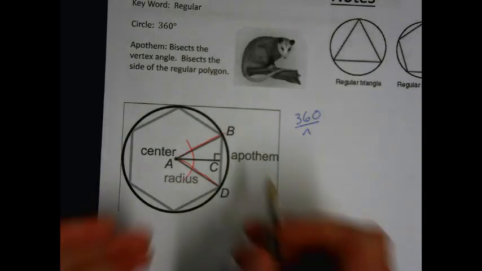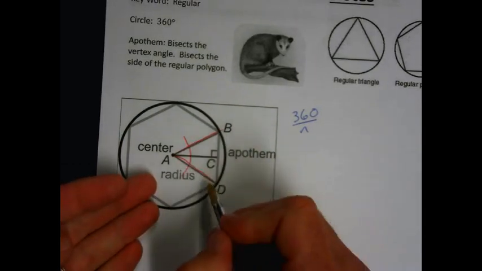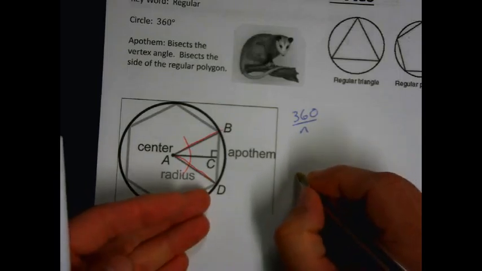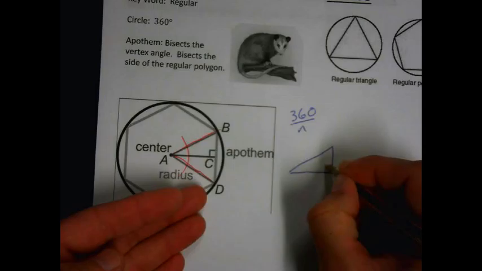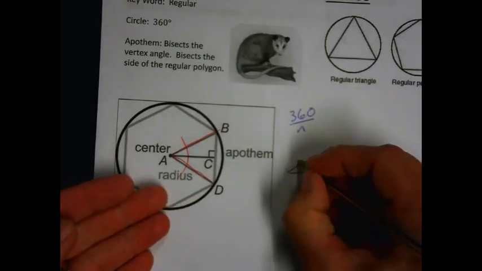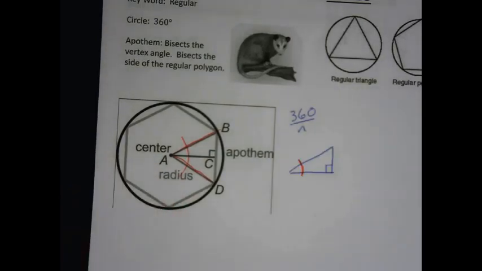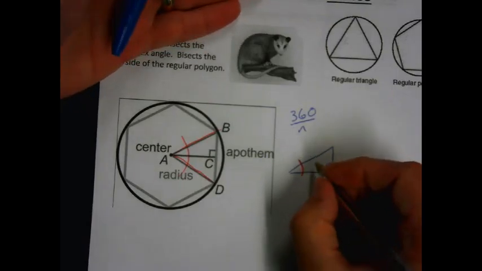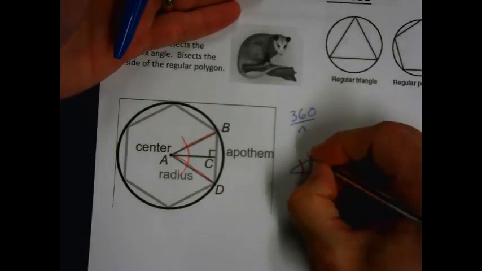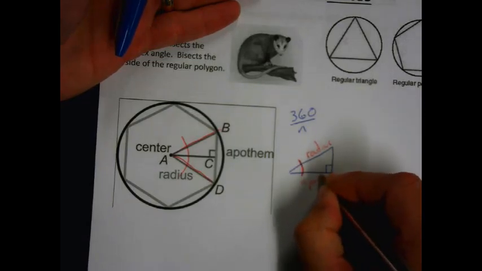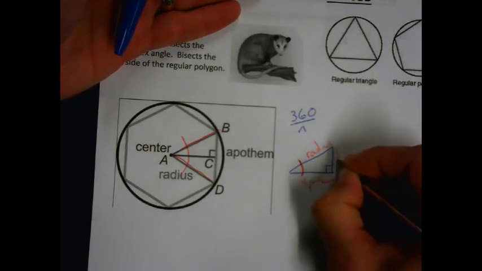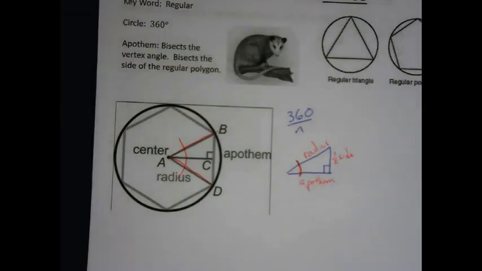And we also know that if we have a regular polygon, we can make what I called a pop-out triangle, and we can easily find the angle of that pop-out triangle by taking half of the vertex angle. Because in that pop-out triangle, we will have a radius, and we will have the apothem, and we will have half of the side of the regular polygon.